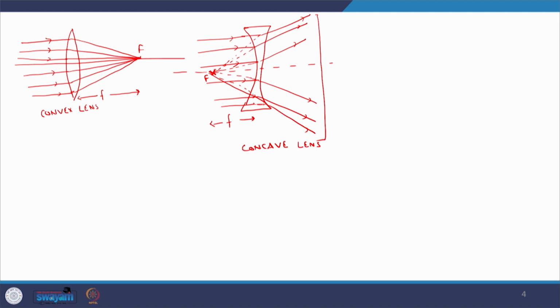Now, how to explain why this lens converges or diverges? To understand this, people split the lens into smaller prisms. These dashed lines are splitting the lens into smaller prisms. Now, suppose a ray is launched in this direction. This is a prism.